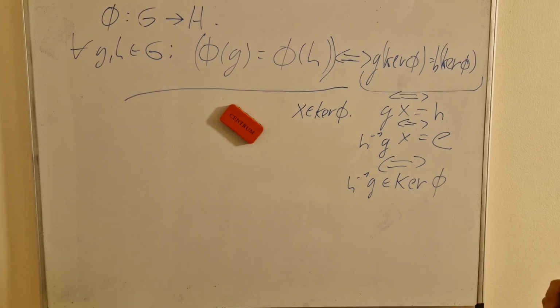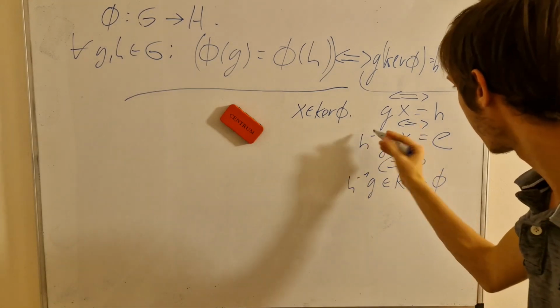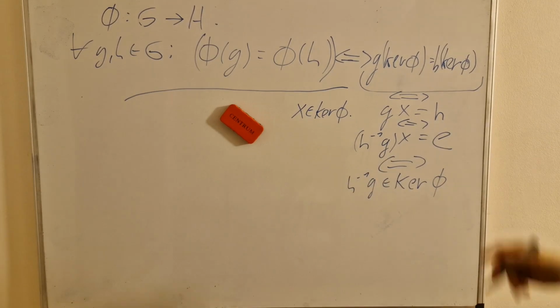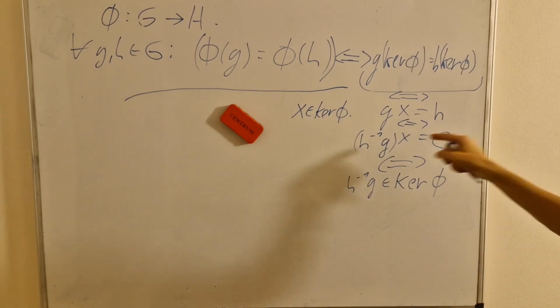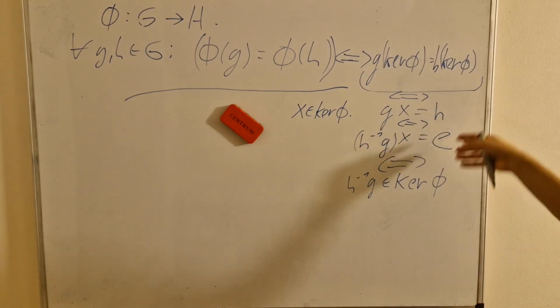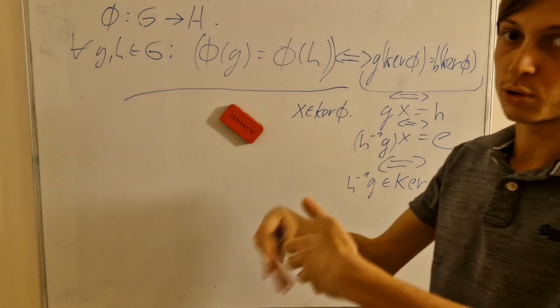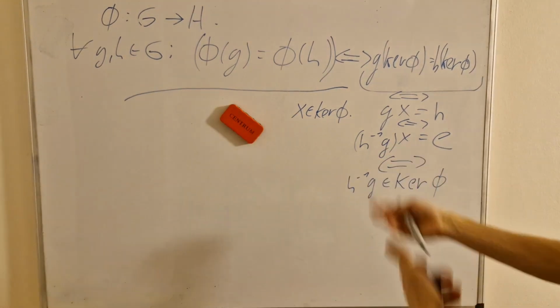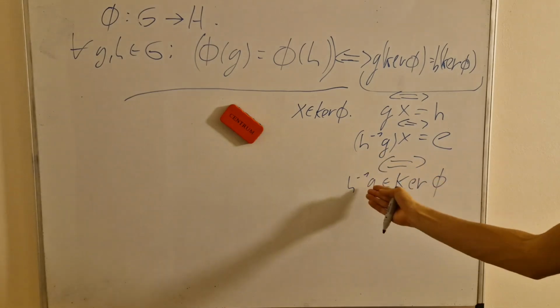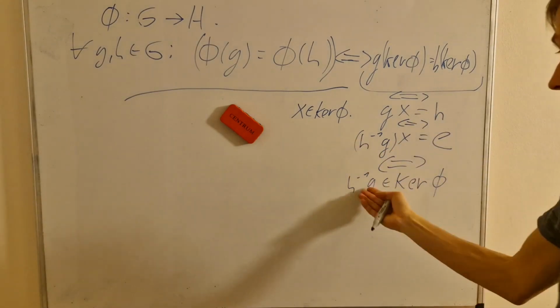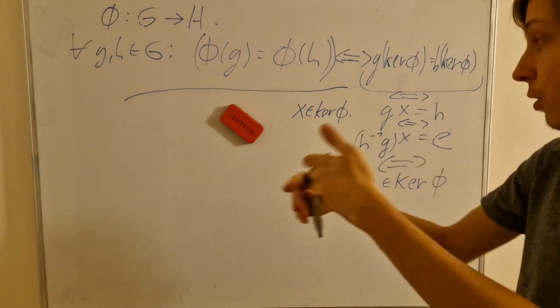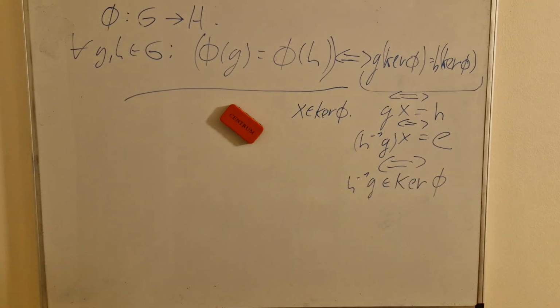There's small ways to view it, but basically if you have this whole thing multiplying x equaling the identity, I can multiply by x inverse on the other side. But if x is in the kernel and the kernel is a group, it must have inverses, so x inverse is there as well. So this equals x inverse, and x inverse is in the kernel, so this is in the kernel.